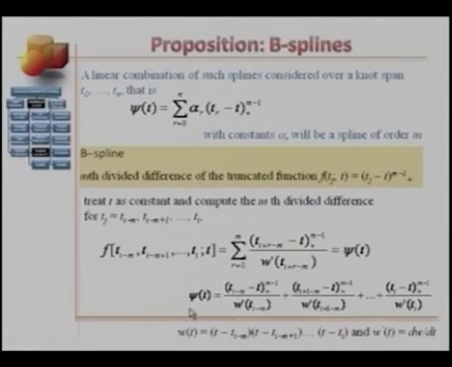If you are confused with the notation as to why we are using t(i minus m plus 1) and so on and so forth here, and why t here, there is an easier way of resolving your confusion. Retain the knots as s(i minus m), s(i minus m plus 1) up till si, and then replace s by t. If you're not confused, don't worry about it.